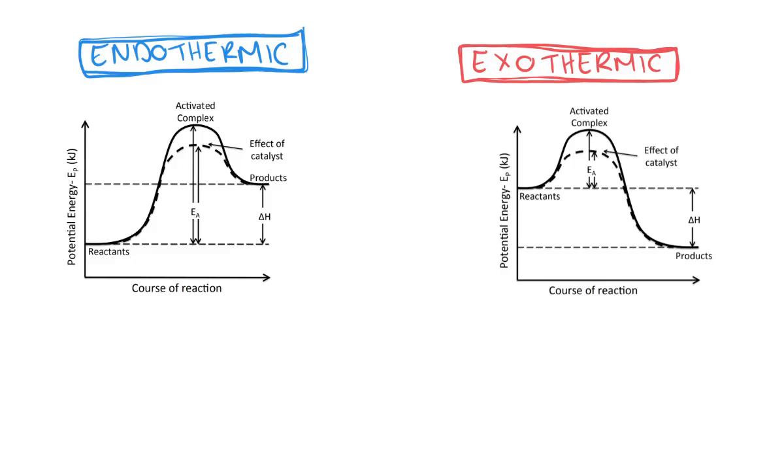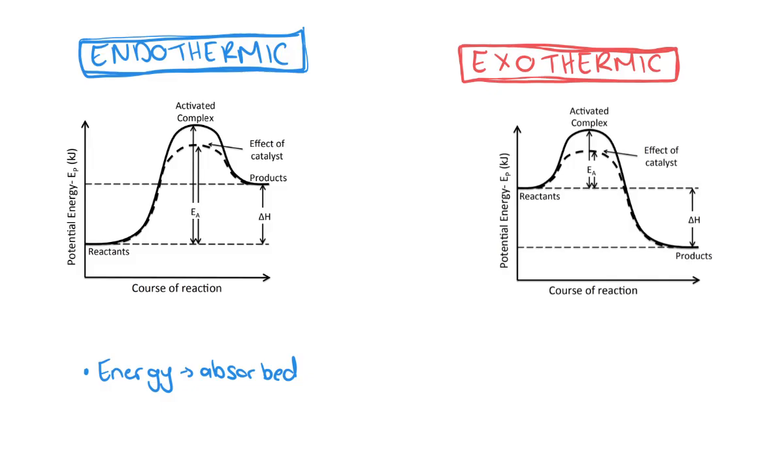Okay, so now that we have all that covered, we can dive deeper into our endothermic and our exothermic reactions. Endothermic reactions are reactions that absorb energy from their surroundings. So more energy is absorbed than is released, which means your system's change in energy will increase. Your delta H, your change in enthalpy, will be greater than 0.